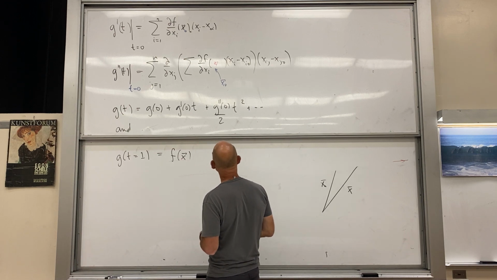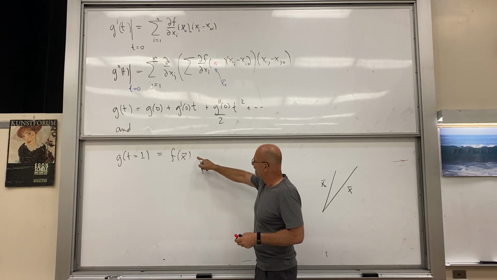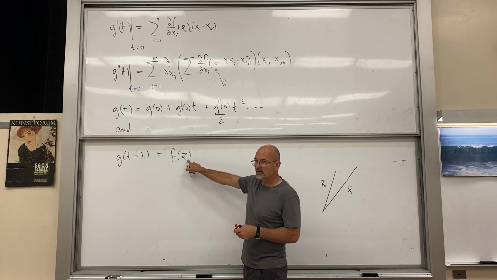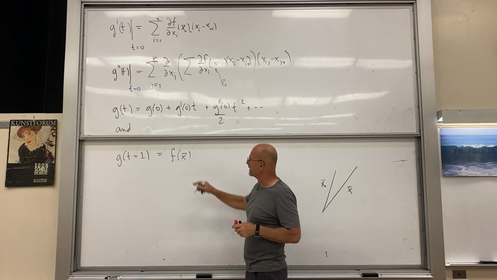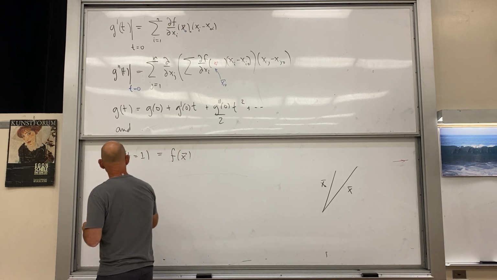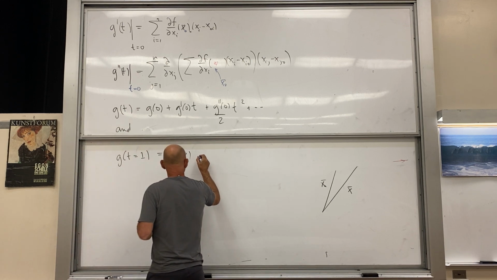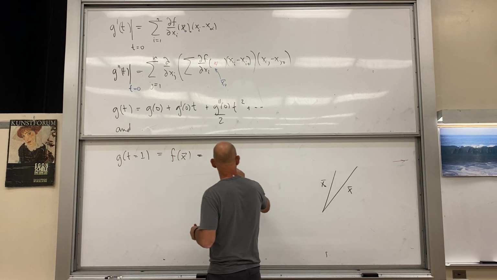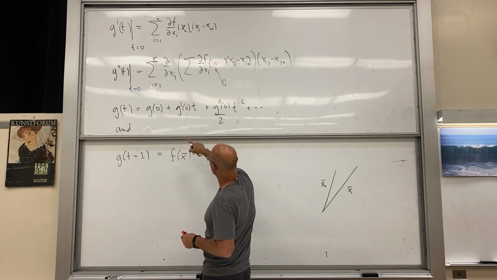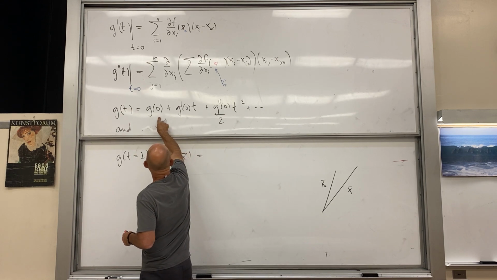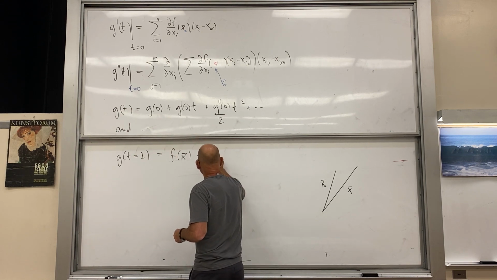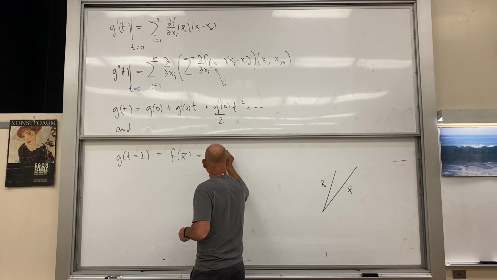Of course, I just erased that, but you have it in the board. G of t equals 1 is literally just f of x by construction. So here's what we're going to have. Equals f of g of 0, that's going to be f of x0.